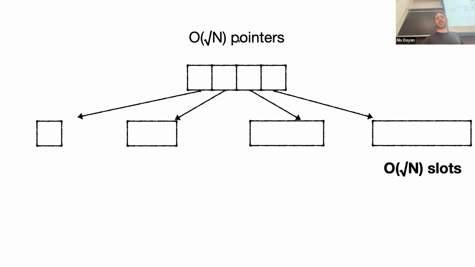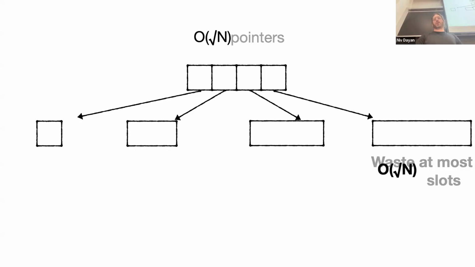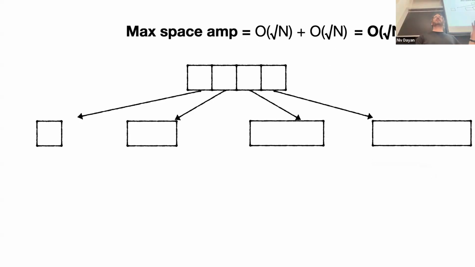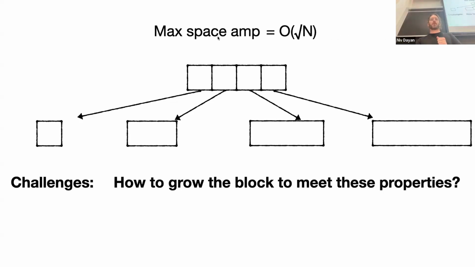So I'm wasting at most square root of n here, and at most square root of n here. So overall, I'm wasting at most square root of n. Does that make sense? Cool. And that's going to give me this kind of guarantee. This is not actually space simplification, this is actually measuring max wasted space. Okay, so that's the promise of the design.